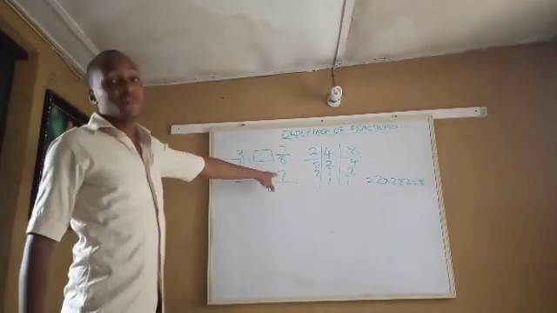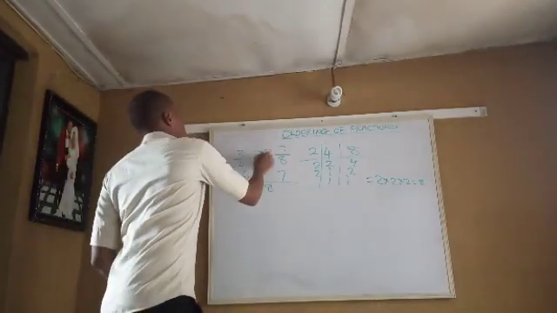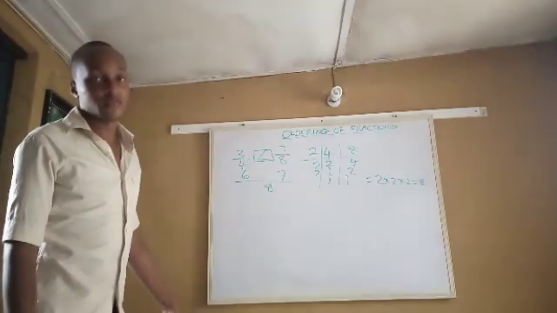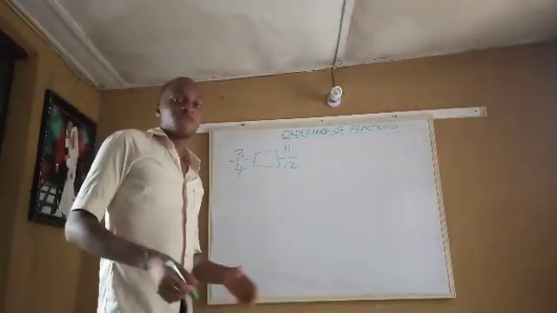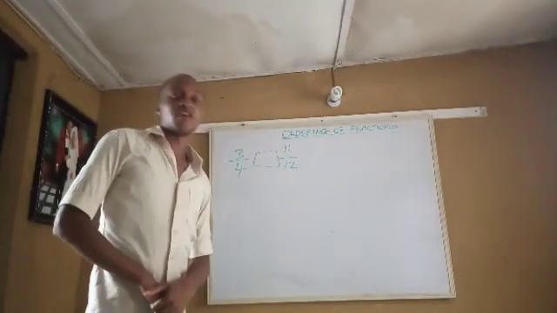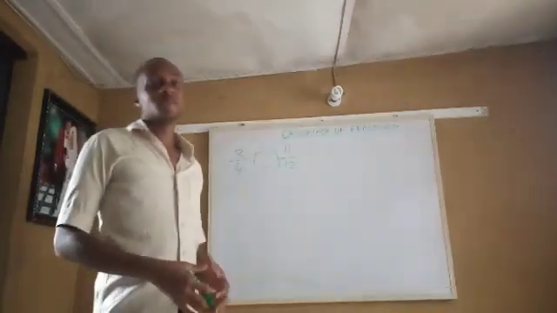Between these two, 7 is the greatest. So 7 over 8 is greater than 3 over 4.